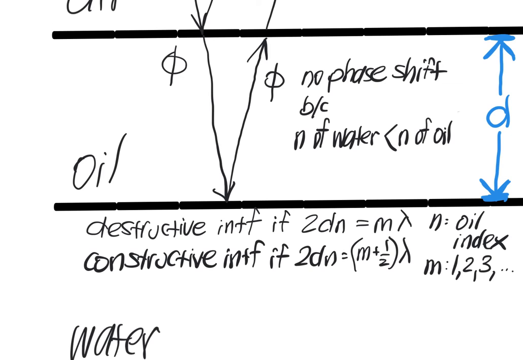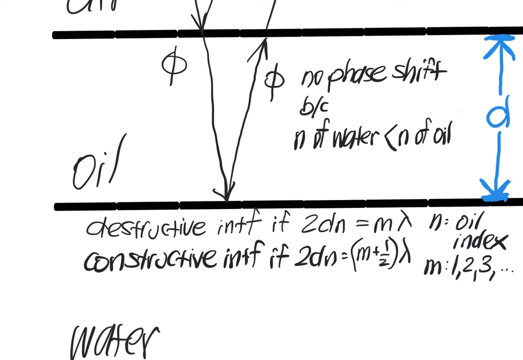If the ray that reflects off the air-oil boundary and the ray that reflects off the oil-water boundary meet up at the air where the person's eye is, they're completely out of phase, you get destructive interference. But what if that 2dN, in terms of the index of the oil and the path within the oil, is a half wave?